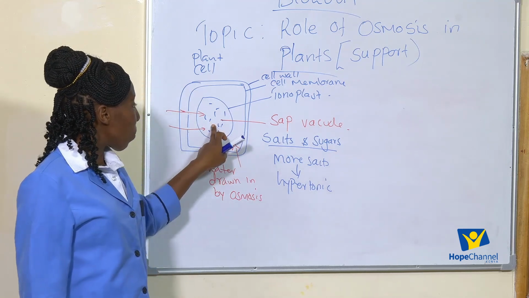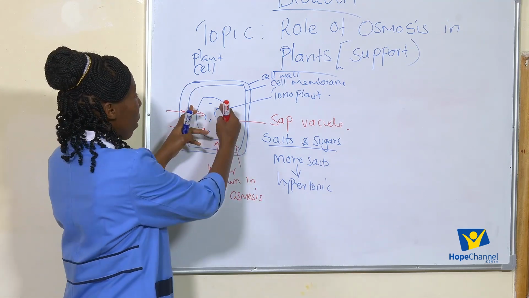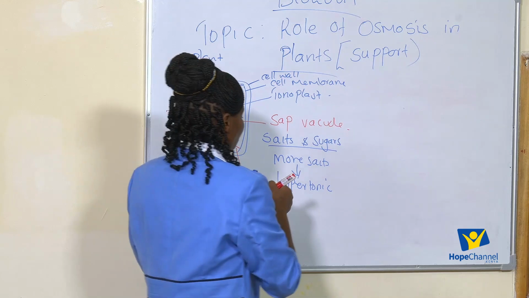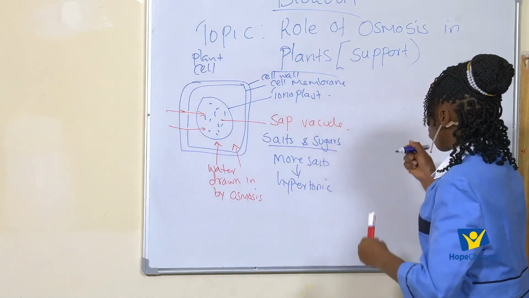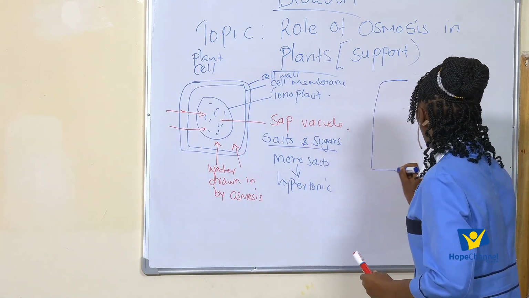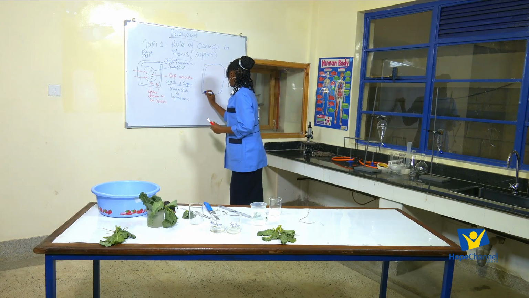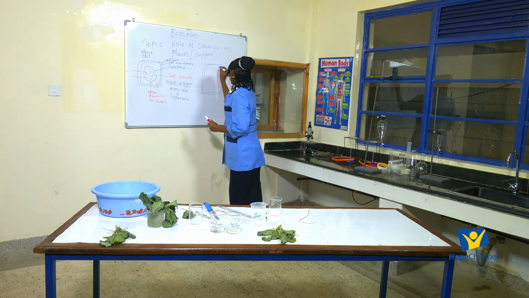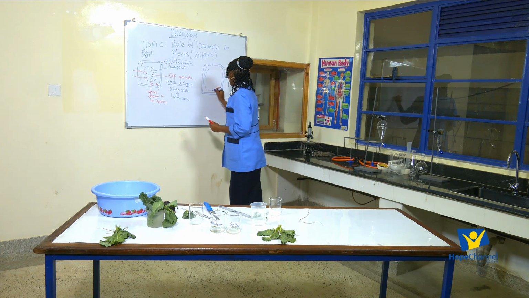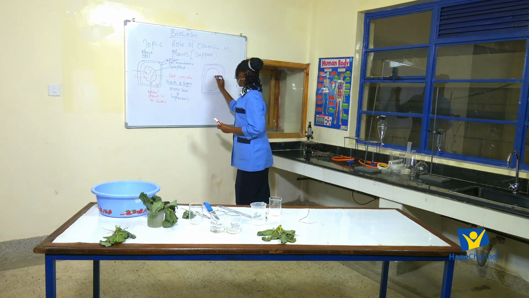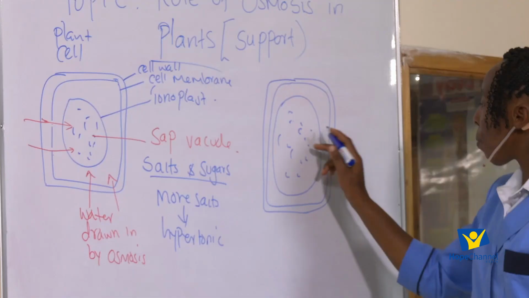Now this turgor pressure causes this cell to stretch, such that if I was to draw this, let me assume I'm drawing this. We expect the contents in the sap vacuole to increase. So we have the concentration here, and we have the turgor pressure.